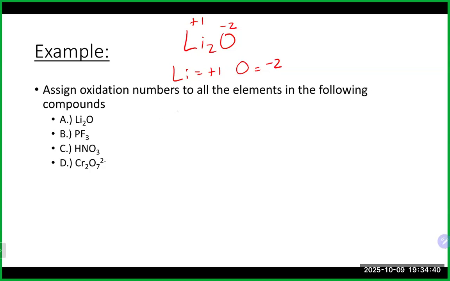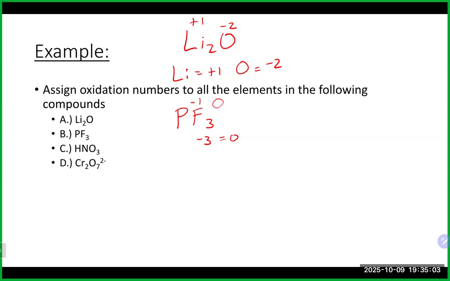Now let's take a look at PF3 in this case. Once again, I'm going to start to the right there, with the fluorine. Fluorine is always -1, so that's -1. Here we have 3 of them, which means it's -3. There is no charge here, which means it should equal 0 overall.